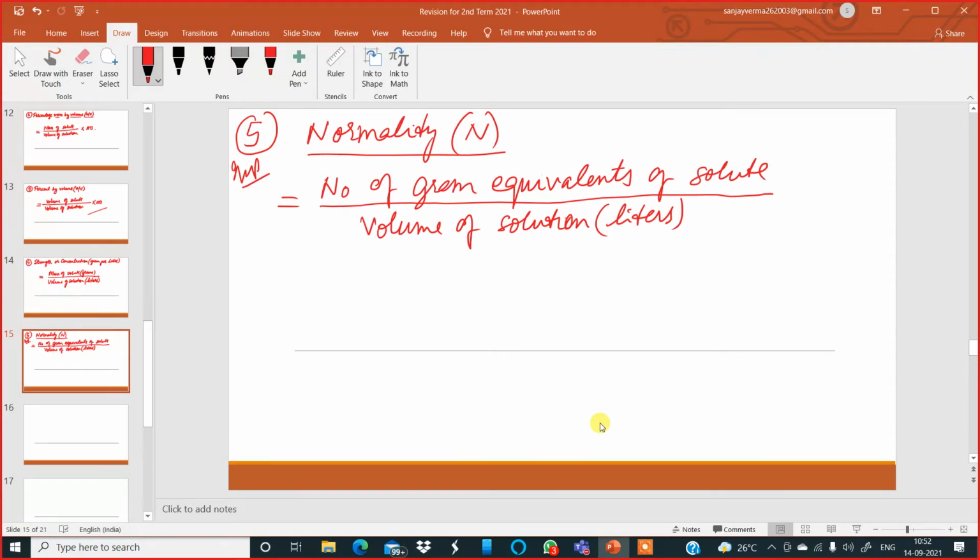Now let me work with this formula to make it more detailed.